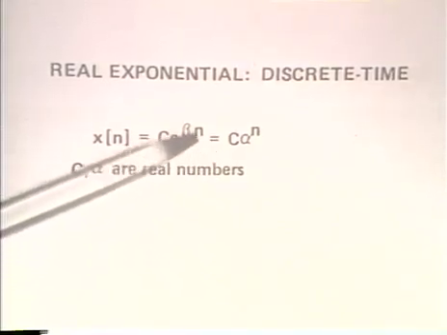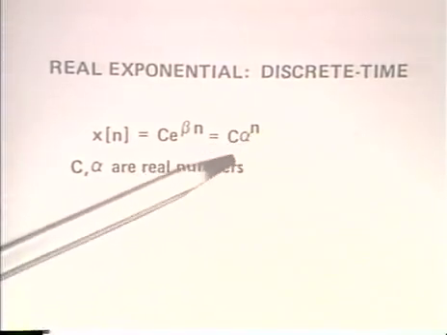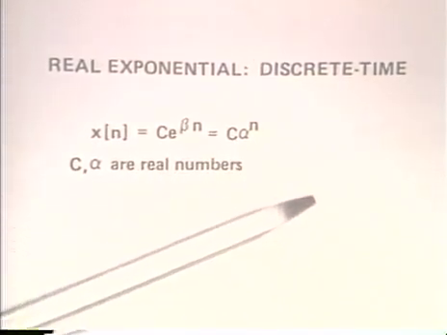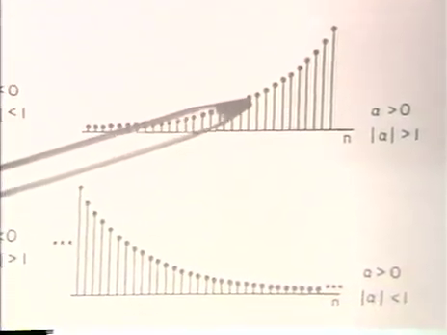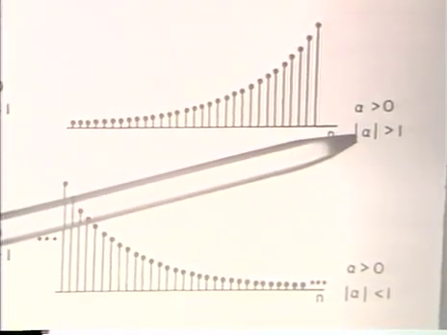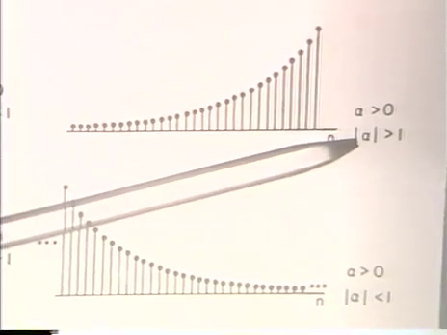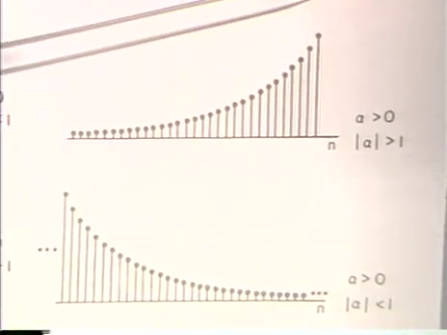More typically, in the discrete time case, we'll express the exponential as c times alpha to the n. So, for example, this becomes essentially a geometric series or progression as n continues for certain values of alpha. Here, for example, we have for alpha greater than 0, first of all, on the top, the case where the magnitude of alpha is greater than 1, so that the sequence is exponentially or geometrically growing.